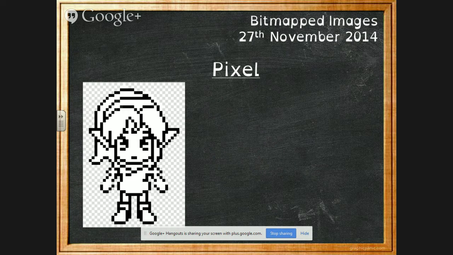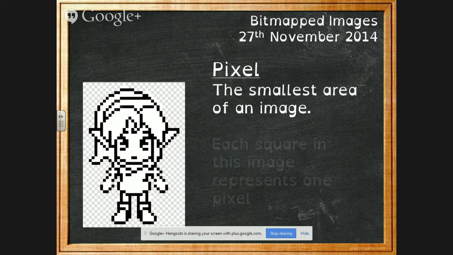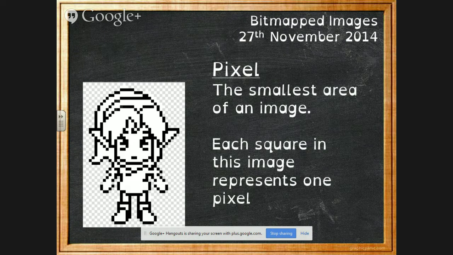Okay, so can somebody in here define what a pixel actually is? It's the smallest addressable area of colour. Absolutely perfect. Almost as if you're reading from the textbook. What we are looking at is the smallest area of an image. Now, if you look at the image on your screen, you can see these little black and grey areas.